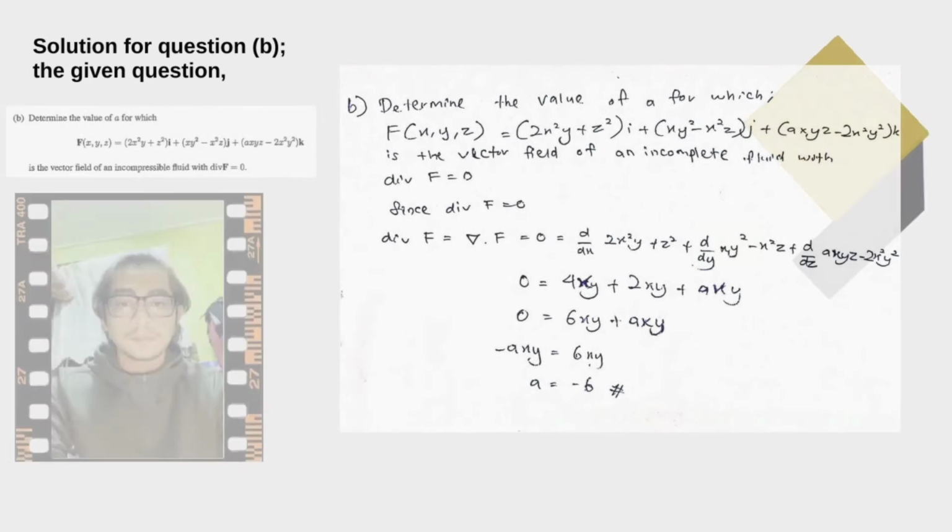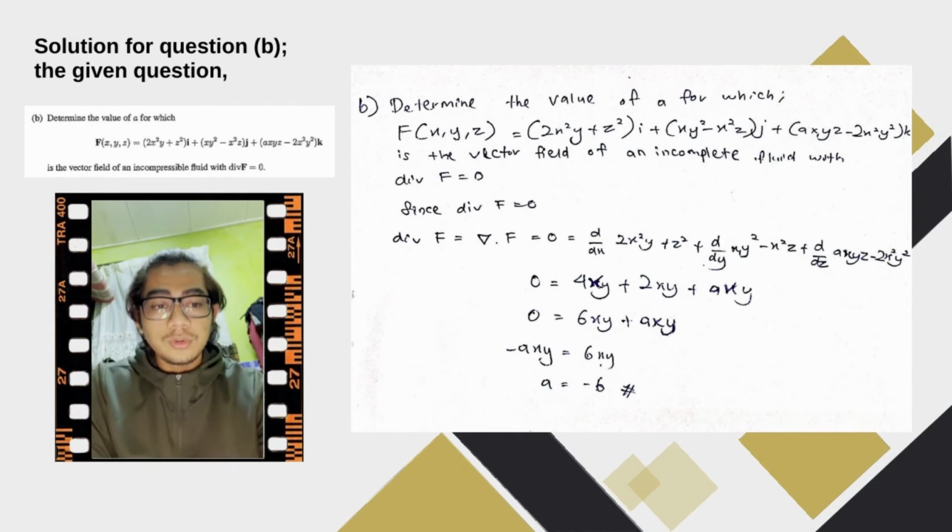Thank you. Okay, so I will explain the solution of question B, which is to determine the value of a for which F(x, y, z) equals (2x squared y plus z squared) i plus (x y squared minus x squared z) j plus (a x y z minus 2x squared y squared) k is the vector field of an incompressible fluid with divergence F equals 0.